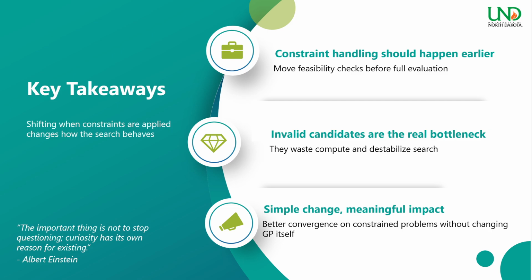And third, this is a fairly simple change. We're just modifying the timing of error checks, and obviously the way we're doing the check is slightly different. But we're improving stability, convergence, and performance for those constrained problems just by moving that check a bit earlier.